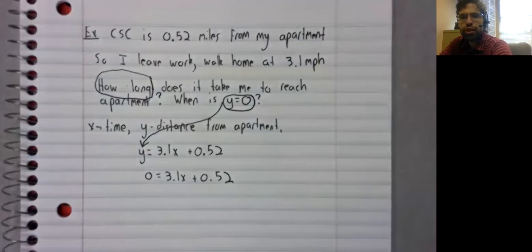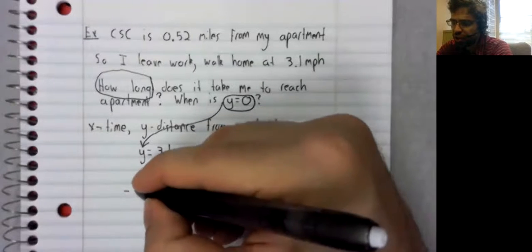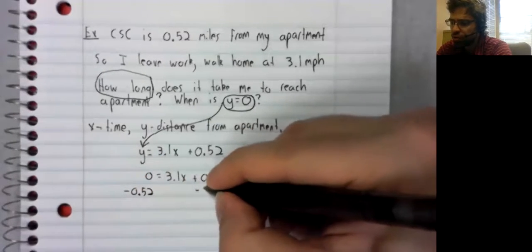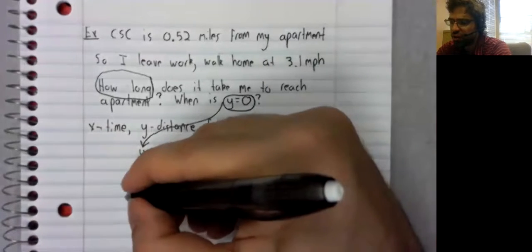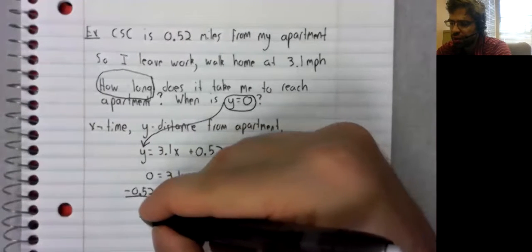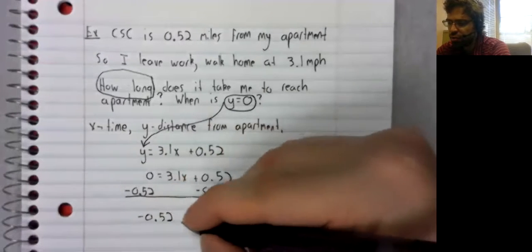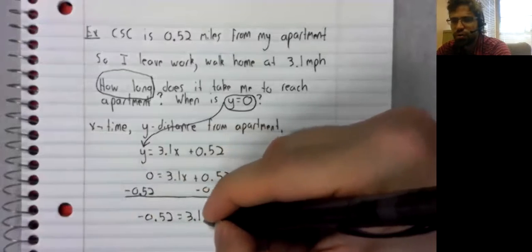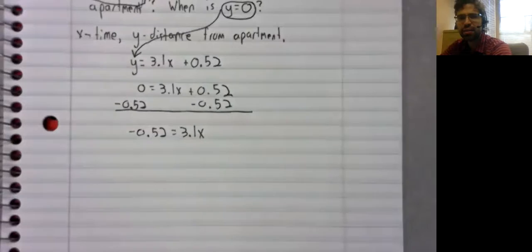So, order of operations. We undo the order of operations. So we'll get rid of this addition first of all. And we get negative 0.52 equals 3.1 times x.